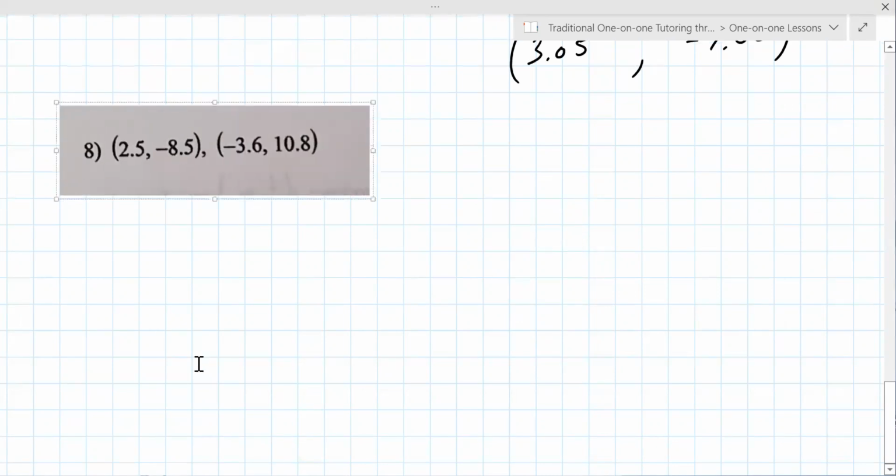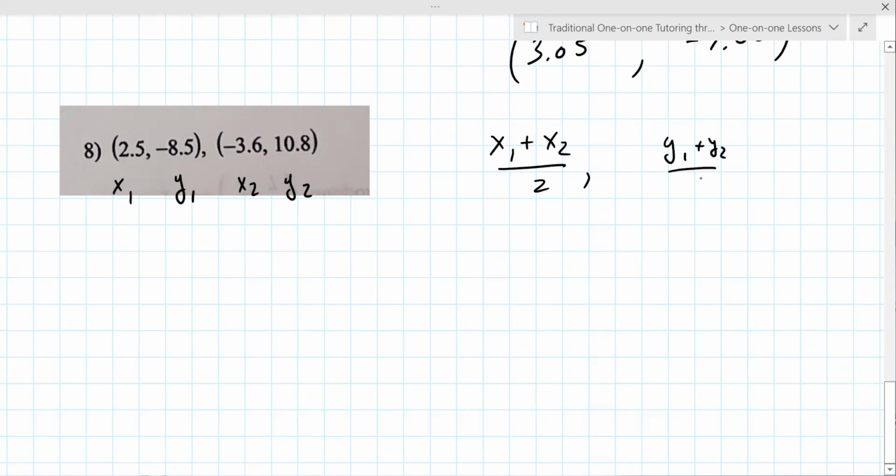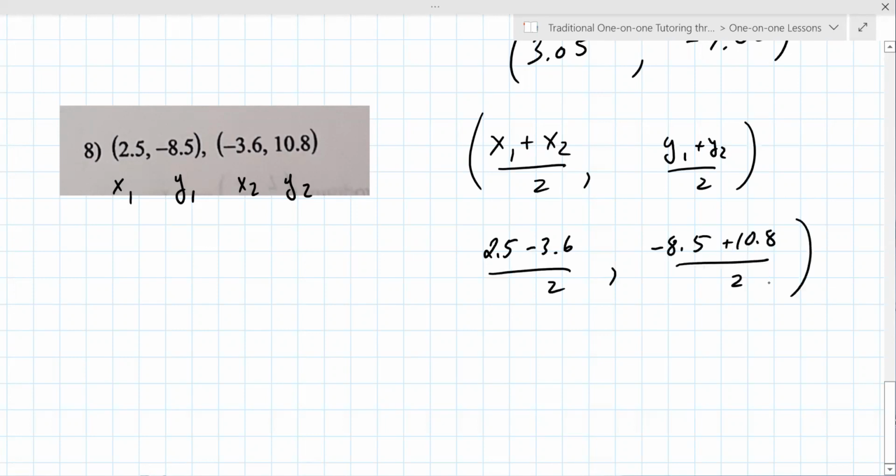Okay, number 8 here. So we got x1, y1, x2, and y2. Write the formula again. And then you just pair up the x's and pair up the y's. So we got 2.5 minus 3.6 over 2, minus 8.5 plus 10.8 divided by 2, like that.